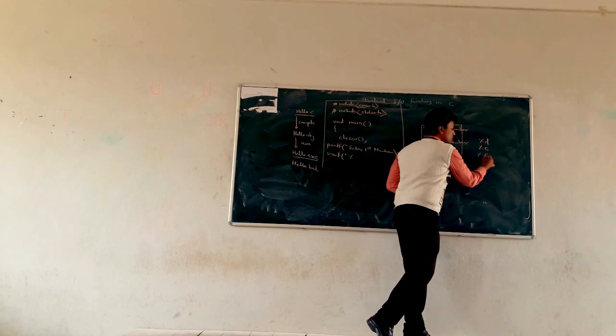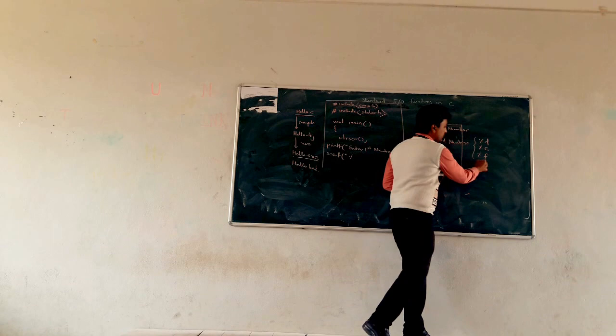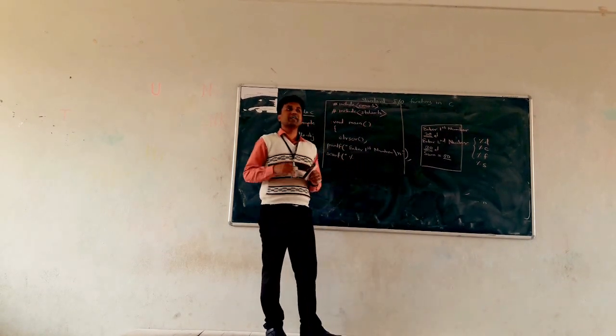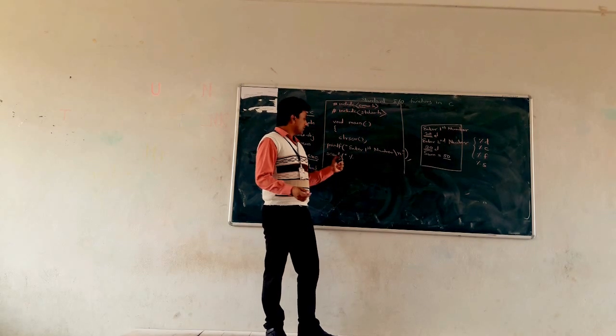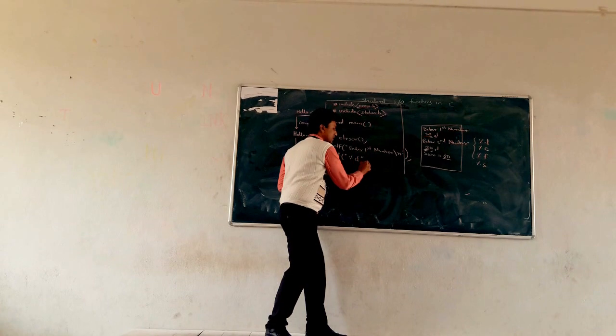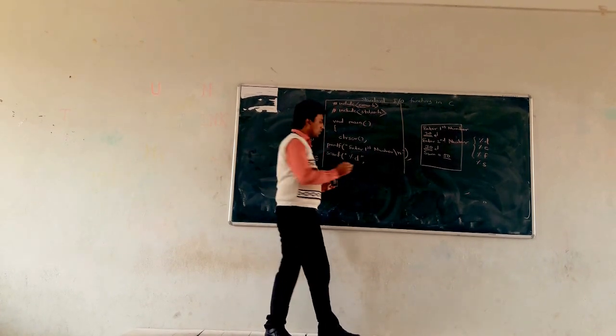For scanning a float, %f. For scanning a string, %s. These are the formatting types. Now we want to scan an integer number, so d. Why d? d stands for decimal number. Comma.